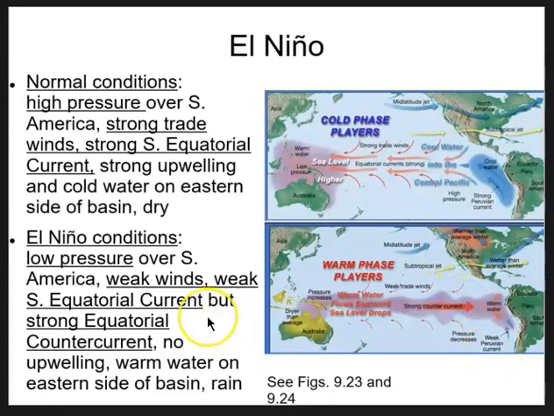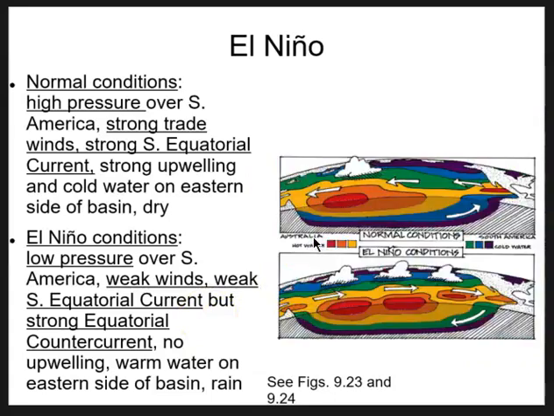Okay, so I want to show you these patterns looking at an ocean profile. Okay, so here is South America, here's North America over here. So this is the seafloor. Okay, so this is what happens in normal conditions.